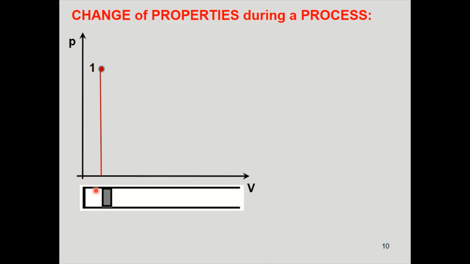I have drawn the cylinder and the piston in such a manner that this 0 position of the piston coincides with the 0 point of the axis, and this position of the piston coincides with this volume. That means this volume basically represents this volume, right?